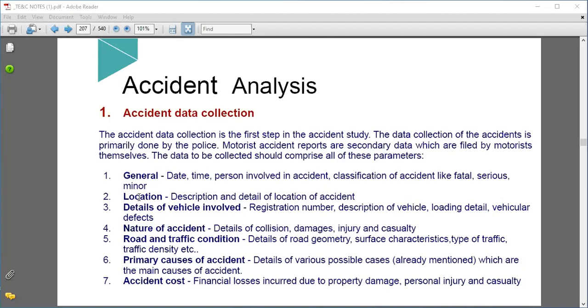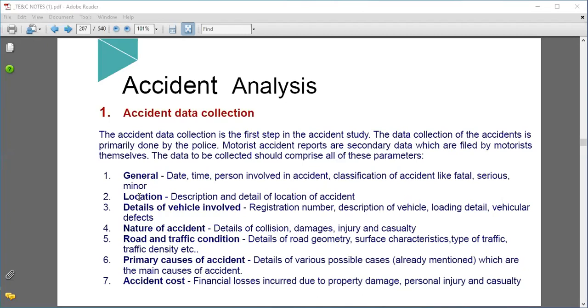So that is the first point. Motorist accident reports are secondary data which are filled in by motorists themselves, and what is collected should comprise all these parameters. In accident data collection, we collect the information in different ways.